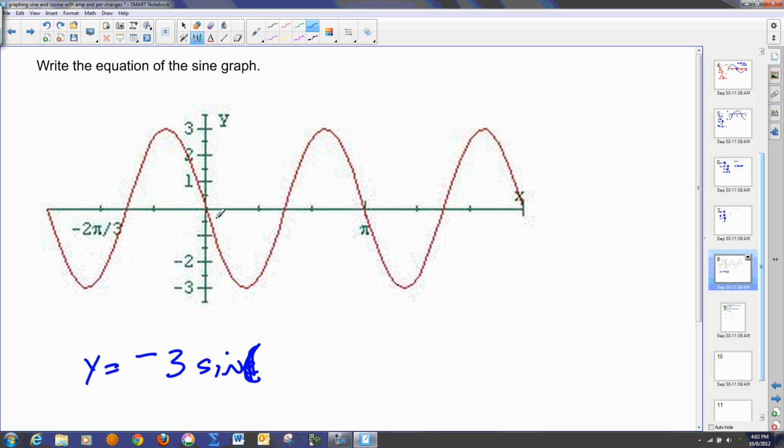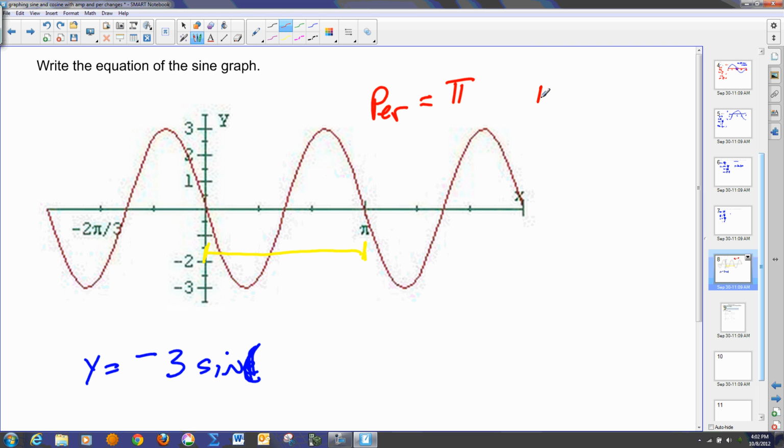The next thing we have to notice is how long does this graph take to repeat? Well, it goes down, up, down, and repeats over this period of time. So my period in this case is equal to pi. I need to find my k value.